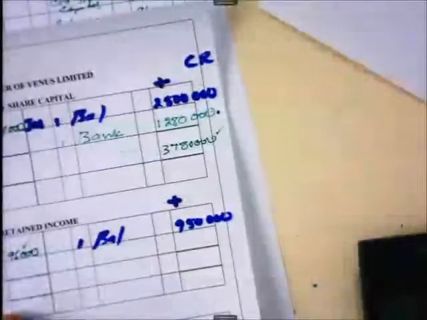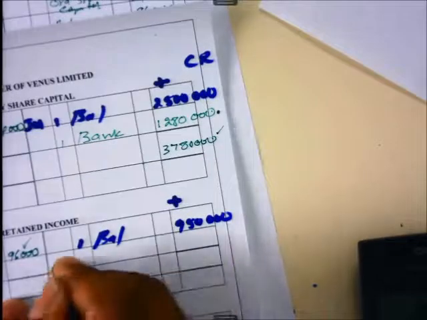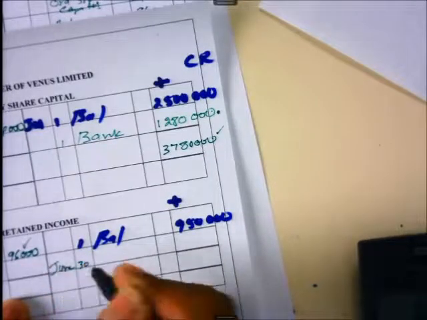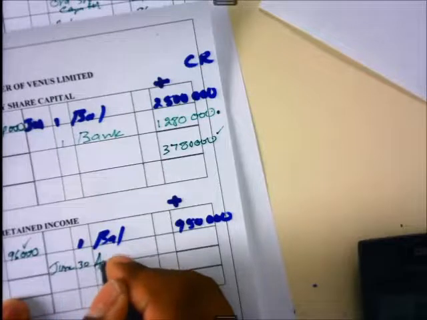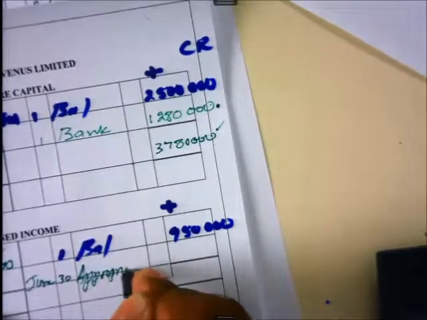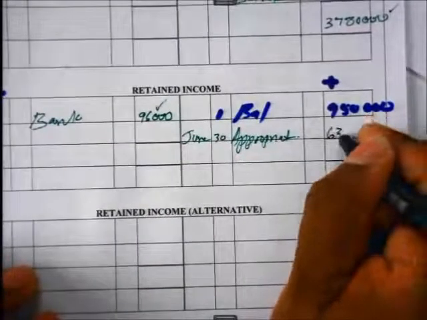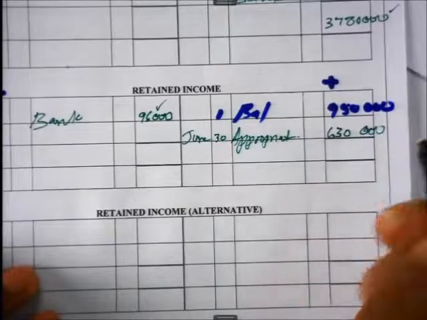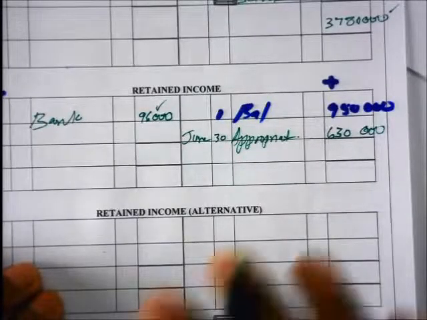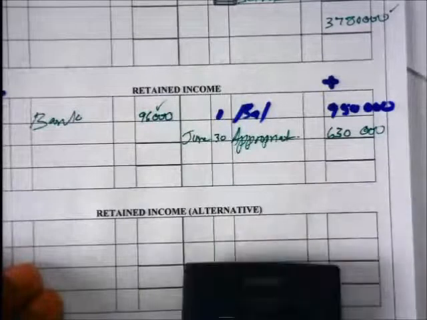And then I go to my retained income. Here is my retained income. Then I bring in on June 30, end of the year, the amount that comes from the appropriation. And from the appropriation we brought how much? 630,000. And there you are. Now we must simply balance our retained income.